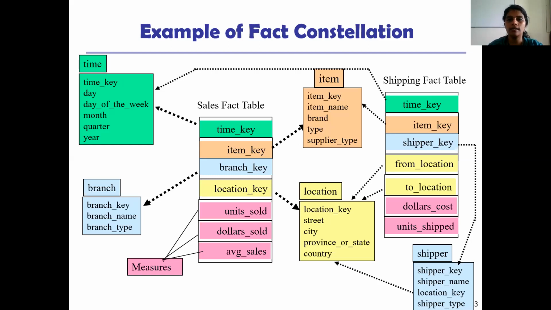Coming to the fact constellation, it is mainly used for more complicated data warehouses, usually for enterprise data warehouse, which spans the entire organization and can have multiple fact tables. For data marts, we will be using either the star schema or the snowflake schema. In fact constellation, you will be having multiple fact tables, and the dimension tables can be shared among the fact tables. So this is about the three schemas.